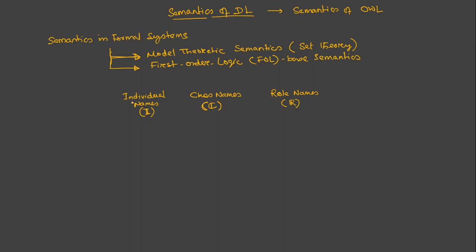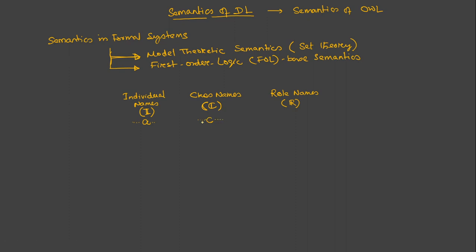Now, in this set of individual names, you can have one symbol to be A. So this is a symbol that represents, out of many others, one individual, right? Let us consider a class which is the symbol C, and this symbol C is representing a class, like say class of students.